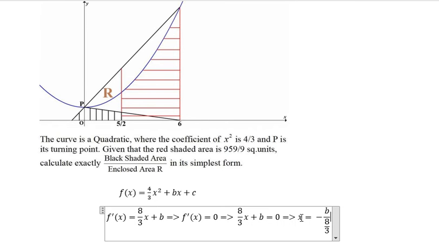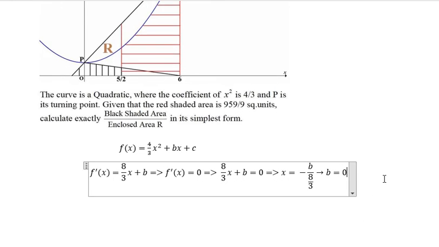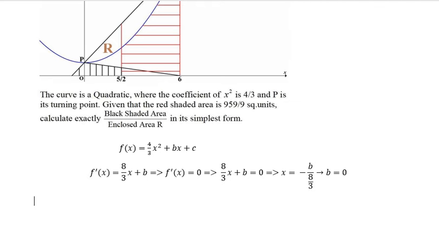To get x equal to 0, b should be 0. Now we have the next equation: f of x equals 4 over 3 x squared plus c.